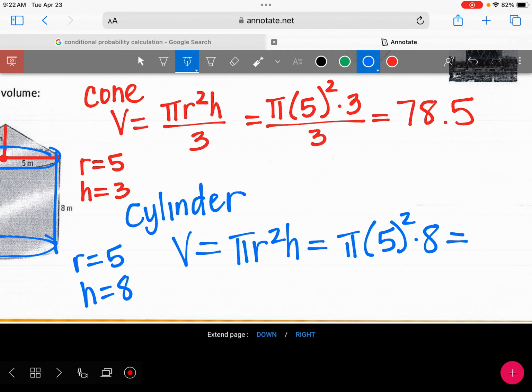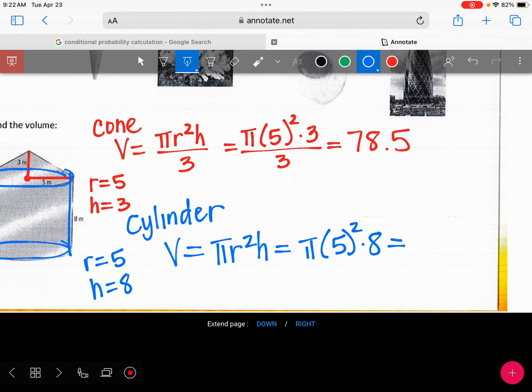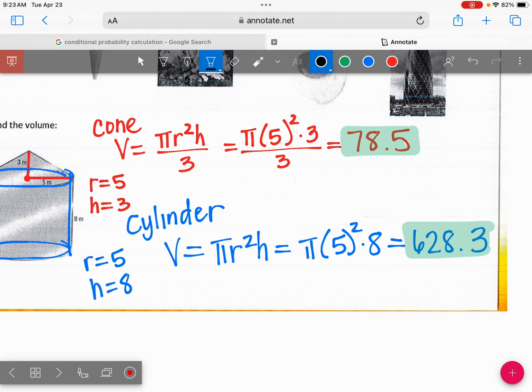Alan, what did you get? 628.3. Okay, so we'll say 628.3. Anybody else get that? So now what you need to do is add these two together. That's your total volume, and that's what you're going to have to do tomorrow.